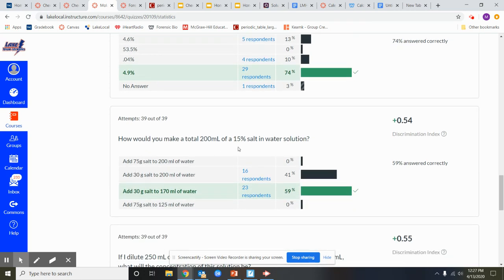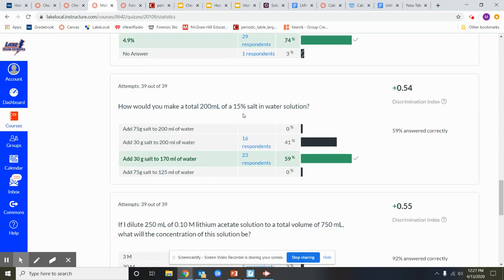Also a percentage problem. This was by far the most missed question. You are trying to figure out how many grams of your solute it takes to make 200 milliliters of a 15% solution. So again, you have your percent concentration equals grams of your solute over grams of your solution.